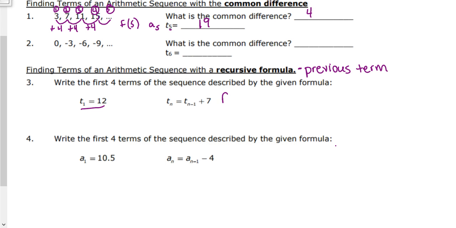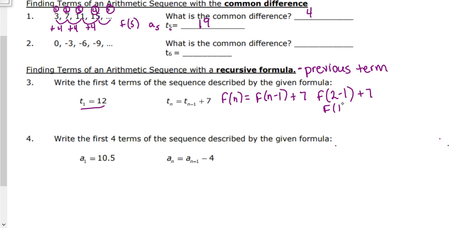Another way to write this function is f of n equals f of n minus 1 plus 7. So since I know my first term, I just need to find my second term. So to find my second term, if I plug into my function rule, I'm going to do f of 2 minus 1 plus 7.